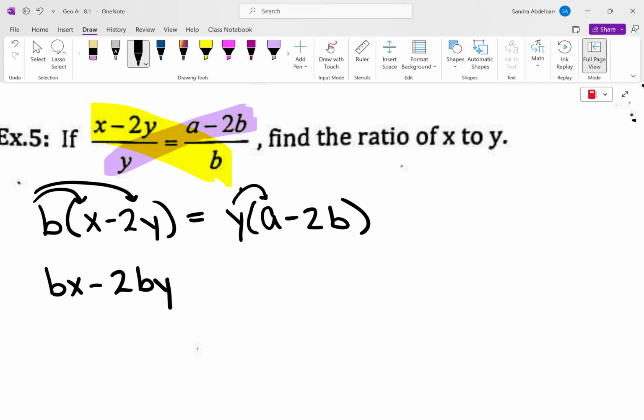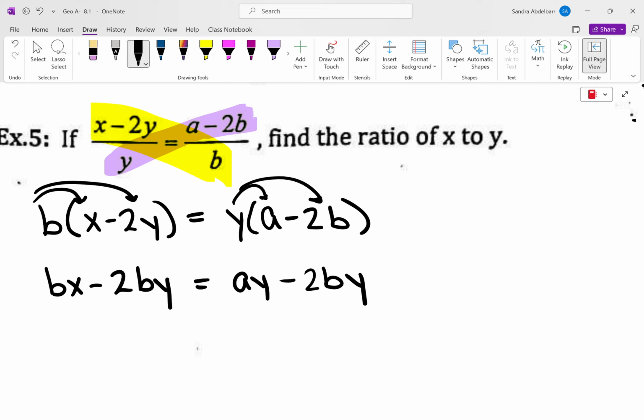So we're going to have bx minus 2by, and I'm going to distribute in the y, equals ay minus 2by. When there's multiple variables, the rule in algebra is you write them in alphabetical order. That's why on the left side I put the b's first, on the right side I put the a's and b's before the y's.